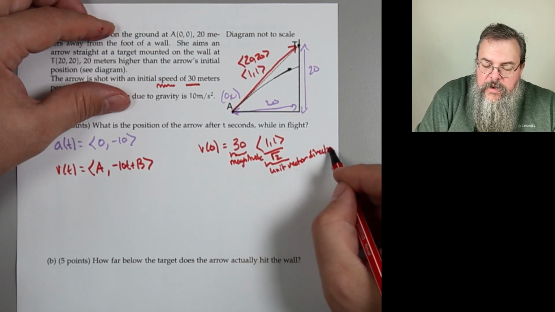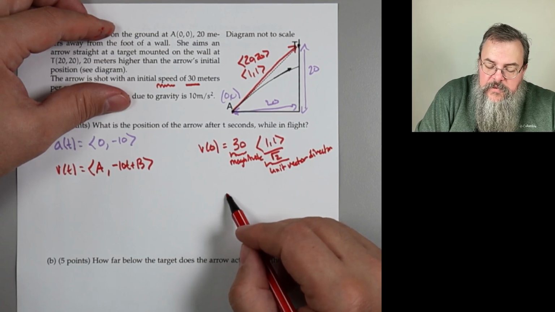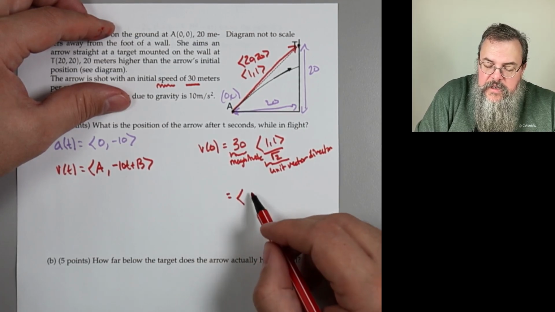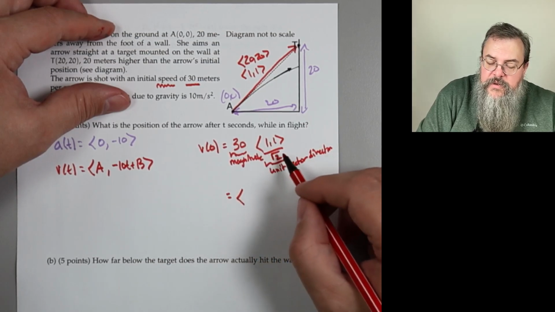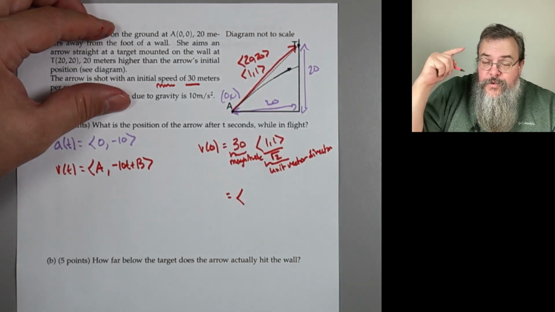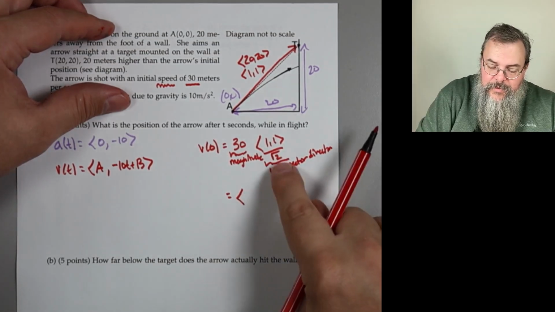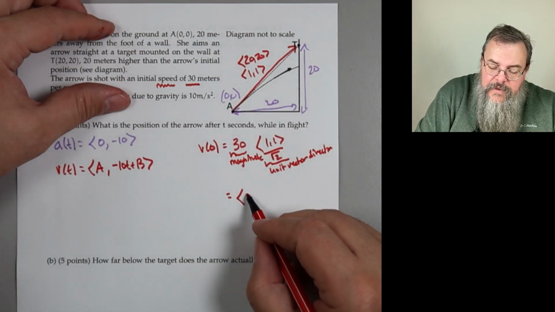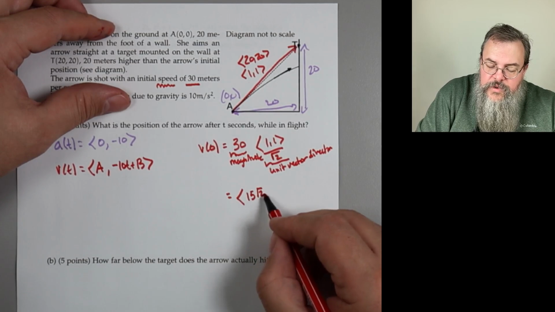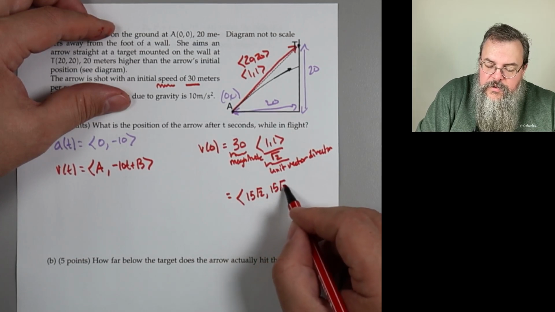Okay, great. So in particular, the velocity at time 0 is, multiply this through, and by the way, 1 over square root of 2 is the same as square root of 2 divided by 2. So you'll end up with (15 root 2, 15 root 2).